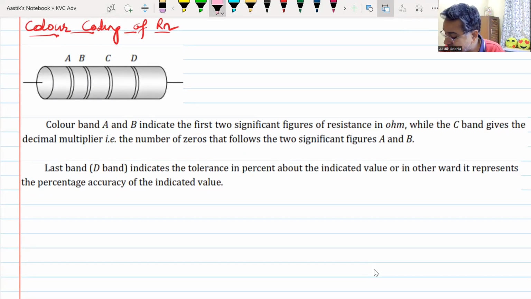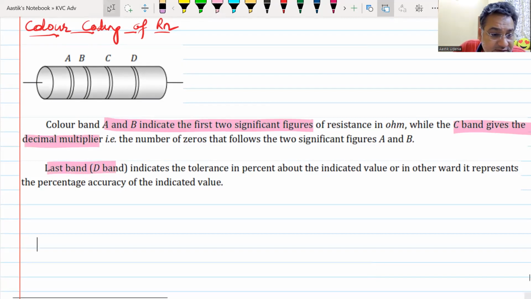Color band A and B indicate the first two significant figures. C gives us the decimal multiplier and the last band gives us the tolerance level or the error level.